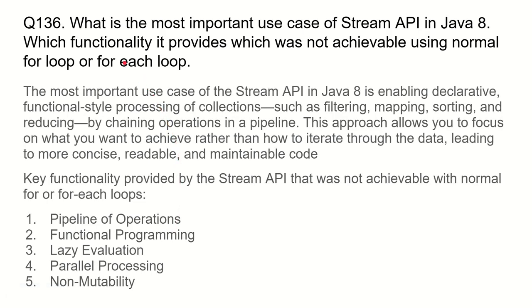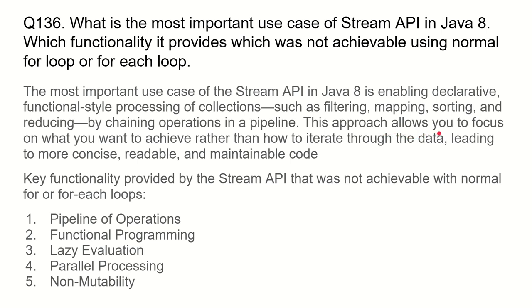Now the next question is what is the most important use case of Stream API in Java 8? Which functionality does it provide which was not achievable using a normal for loop or for each loop? The most important use case of the Stream API in Java 8 is enabling declarative, functional style processing of collections such as filtering, mapping, sorting, and reducing by chaining the operations in a pipeline.